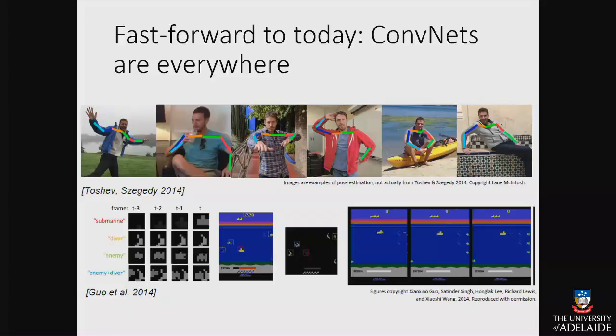AlphaGo is basically a reinforcement learning algorithm. So you can train a reinforcement learning algorithm to play games. But before running the reinforcement learning, if you are playing video games, you still need to recognize the image information from the video input, right? That means you need to use the convolutional neural network to do this kind of thing.